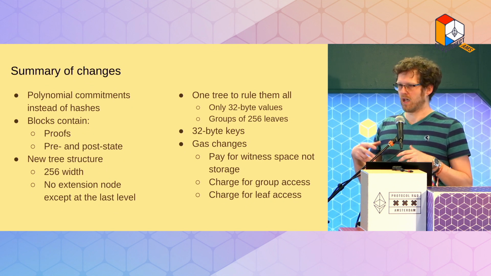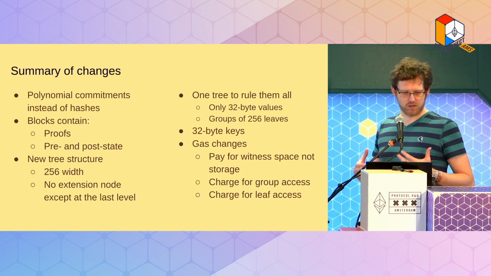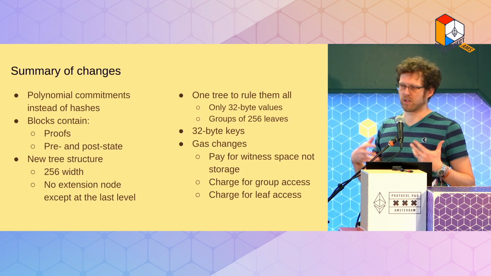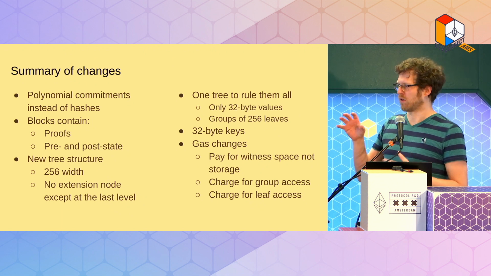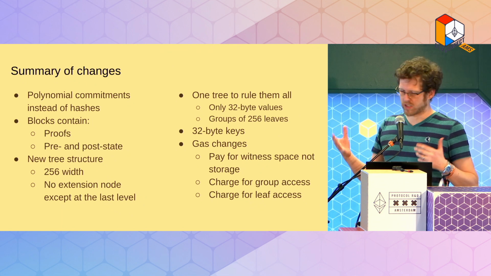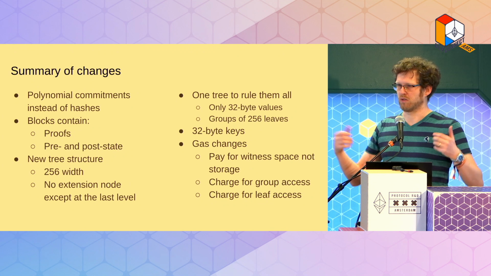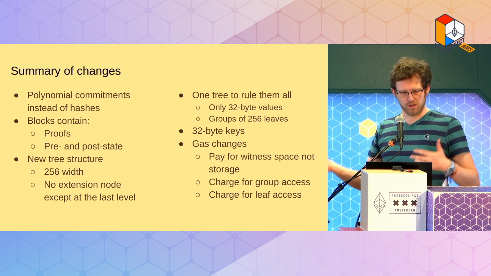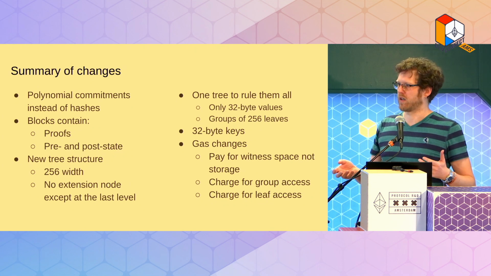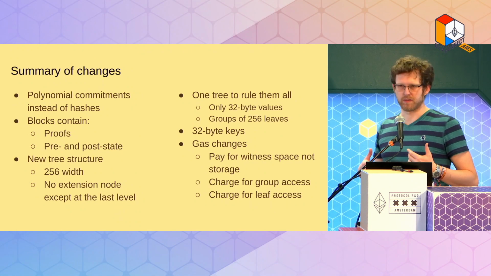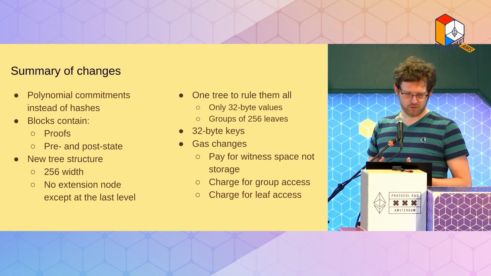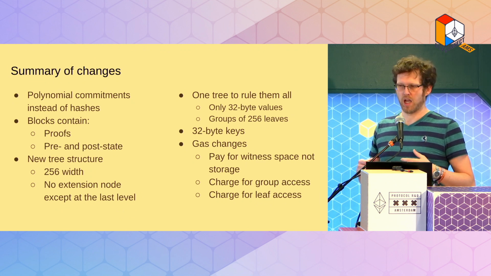We build stateless blocks, so we put a proof and a pre and a post state in the block. So you no longer need to keep the state locally on your machine. You just receive it along with the block, you execute it, you verify it's correct, you move on to the next block. And there's a lot of practical changes that also get introduced.